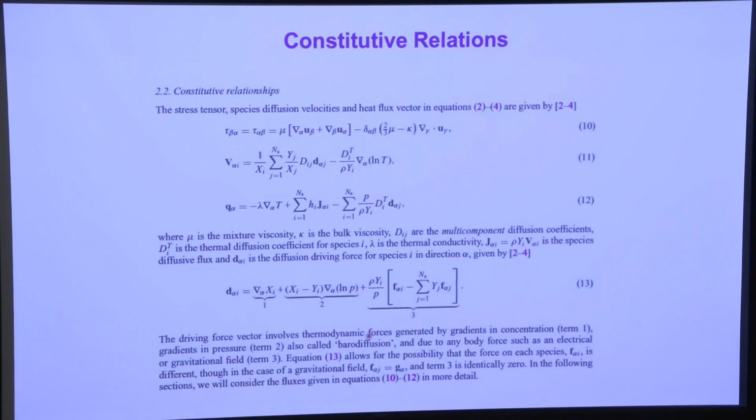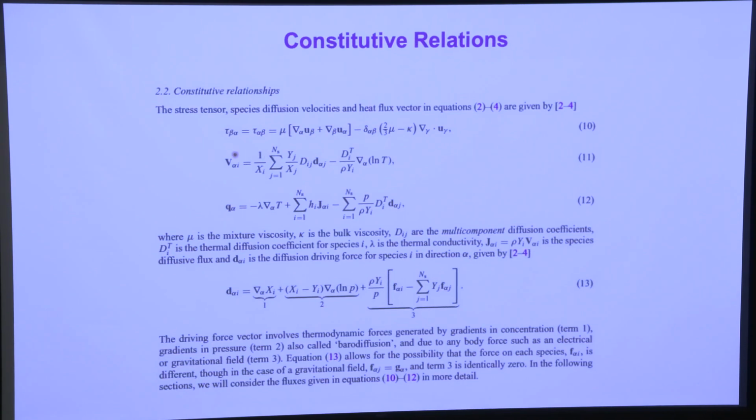So these are some of the constitutive relations. We have relations for the stress tensor, tau beta alpha, which, because of variable density, has both terms here. The velocity gradients and also the divergence of the velocity here are important for reacting flows.